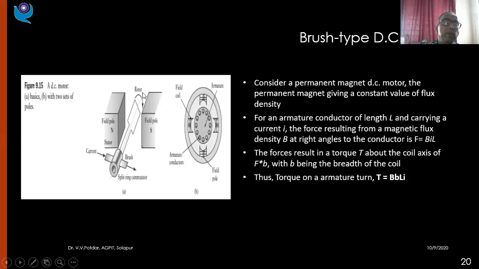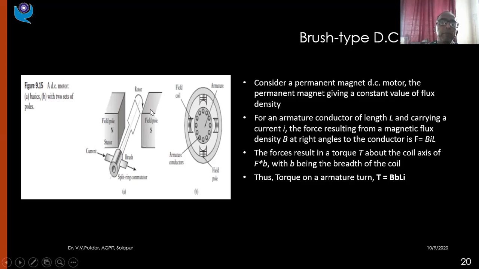Constructionally, you can see the stator having a permanent magnet with a north pole and a south pole. It's a stator, or we can say a field coil, having either one pair of poles or two pairs of poles or a number of pairs of poles.